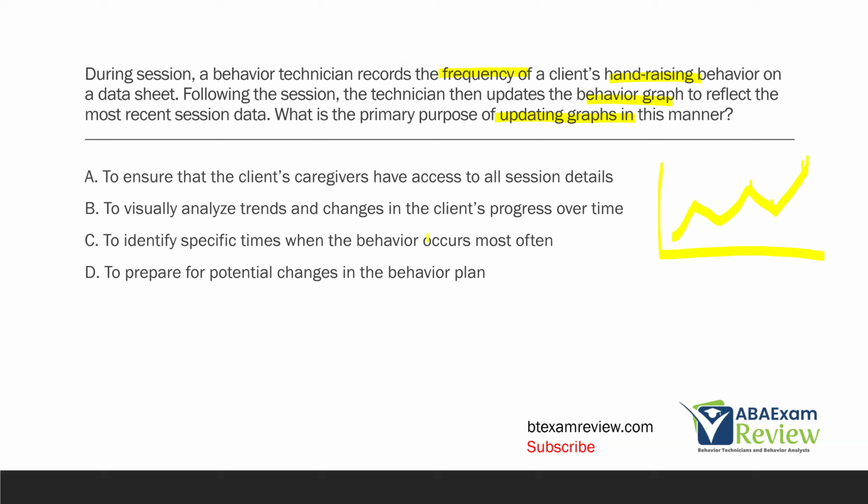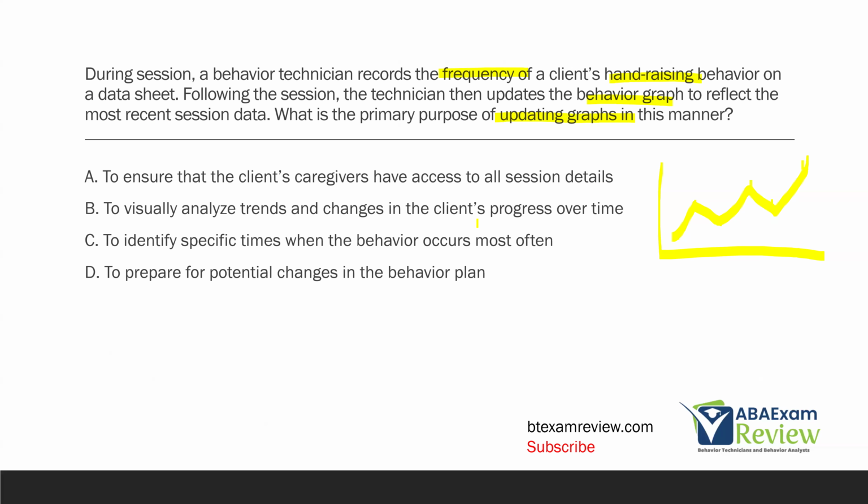A, to ensure the client's caregivers have access to all session details. Well, this graph isn't going to give any specific details about the session other than frequency, but it's still extremely useful. But A just isn't accurate because there's not a lot other than just the data that are shown from this graph.